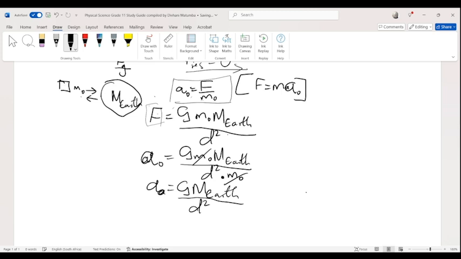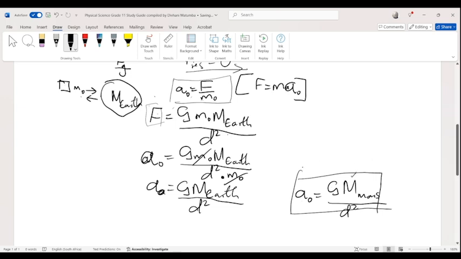So this also applies for an object which is on Mars. So if an object is on Mars, you're gonna have that. Your gravitational acceleration on Mars will be given by that formula. The same thing as if I'm the host object.